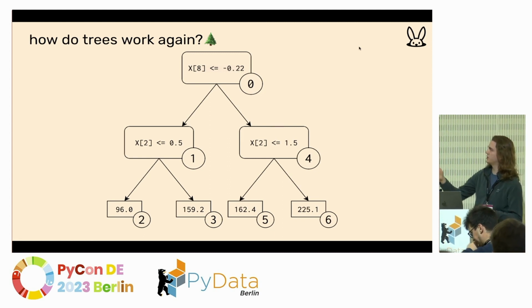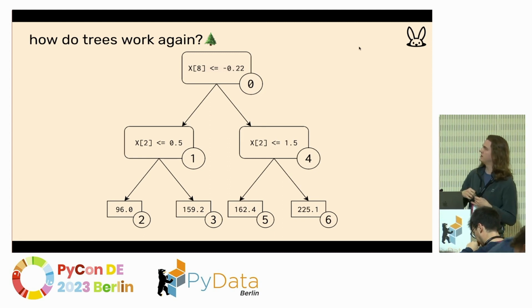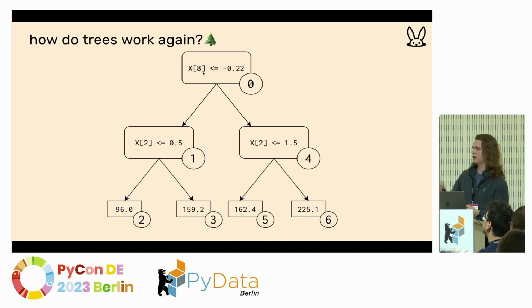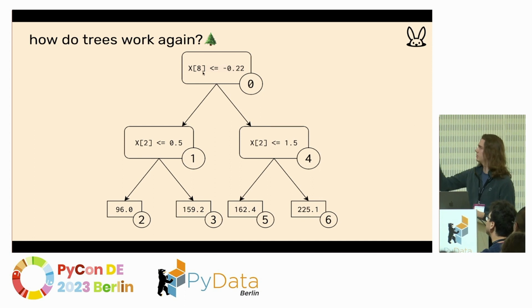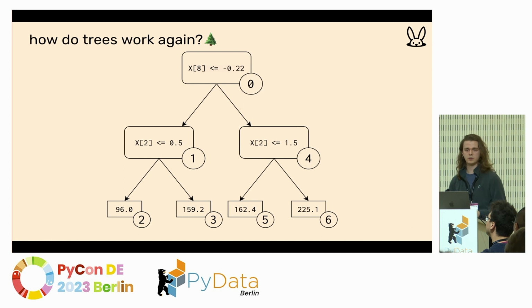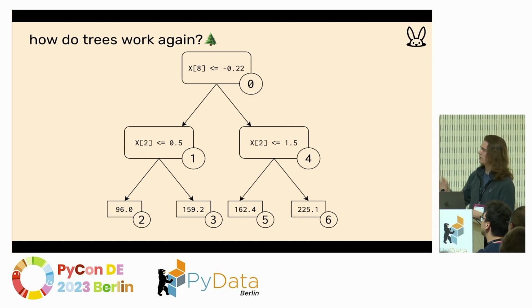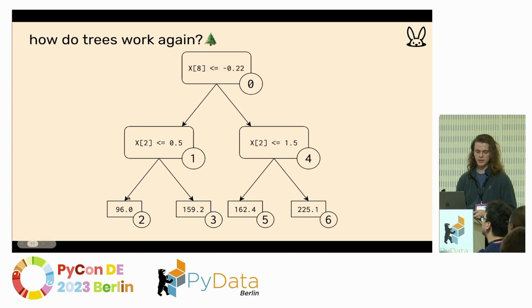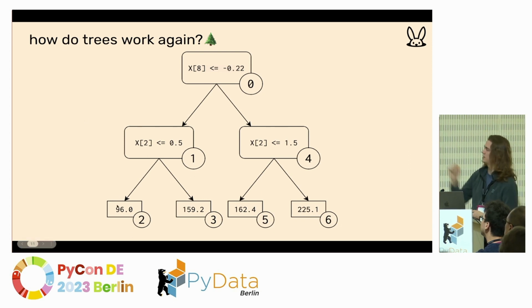It basically just goes down the tree, and at each node, for example here we have X of 8, so the 8th input feature, the tree looks at whether the input of column 8 is smaller or equal to minus 0.22. Then we would go to the left. And we iteratively go down the tree until we reach our end here. And that's basically the output of our decision tree.